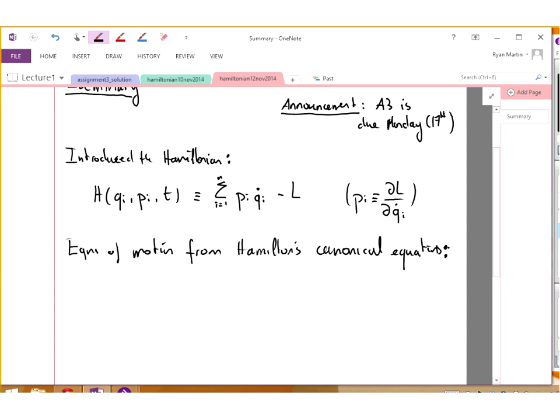And the canonical equations are that the q_i dots are equal to ∂H/∂p_i, and the p_i dots are given by minus ∂H/∂q_i.